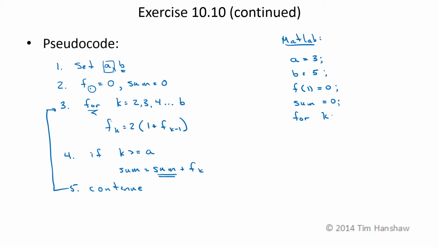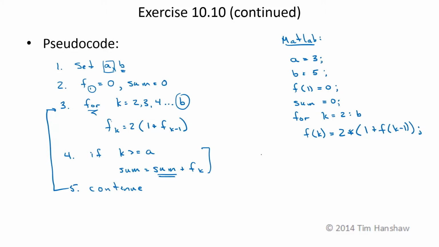So for k, starting at 2 and ending at b and counting by ones, that's the syntax. Now the kth element in this array, f of k, is equal to 2 times 1 plus f of the previous element in the array, k minus 1.